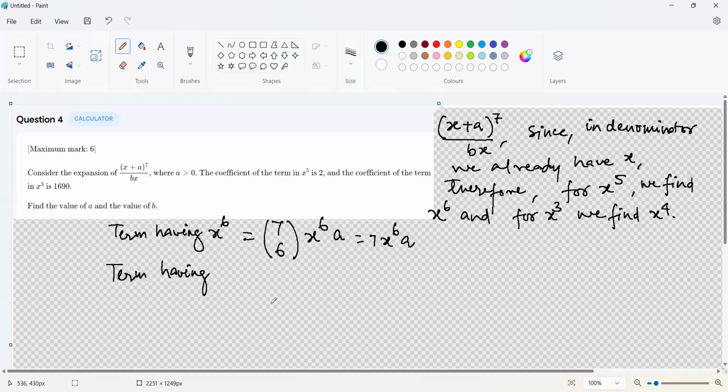Term having x raised to the power 4 would be 7c4 x raised to the power 4 a raised to the power 7 minus 4, which is 3. What is 7c4? If you find 7c4, 7c4 is 35. x raised to the power 4 a cubed.